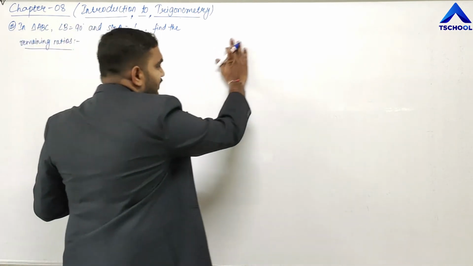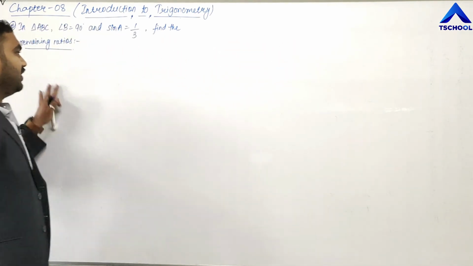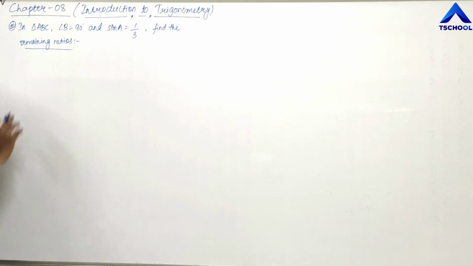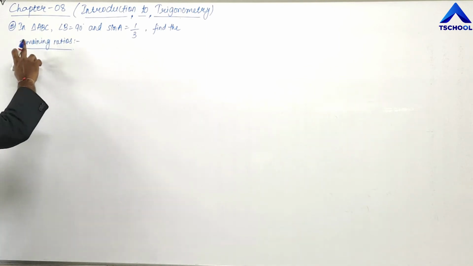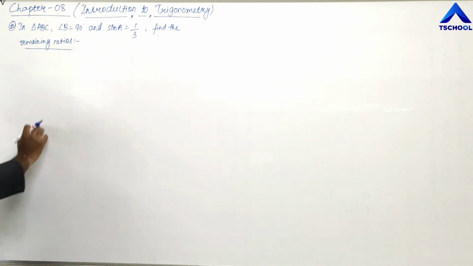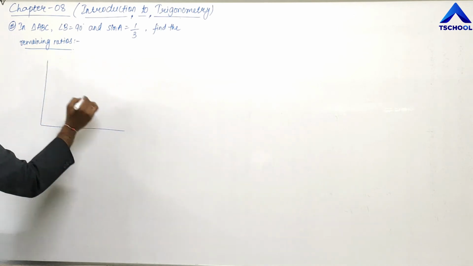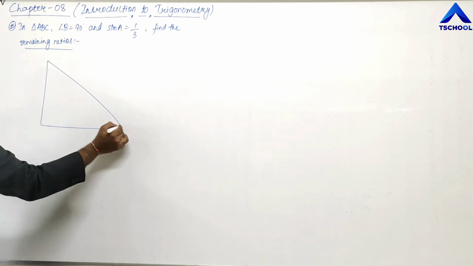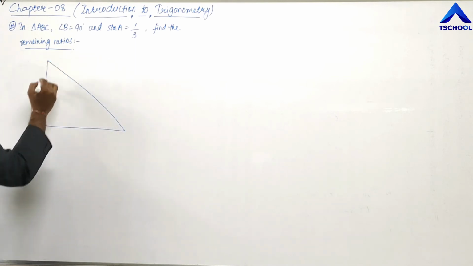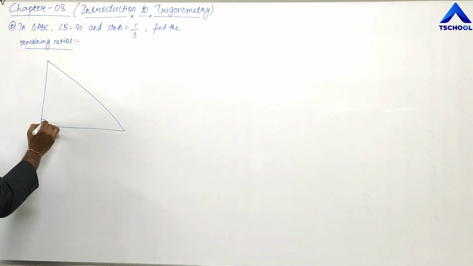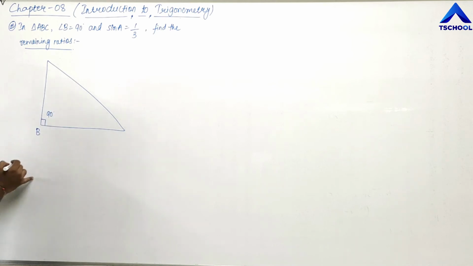So we will first of all see how this figure is obtained. In triangle ABC, angle B is equal to 90 degrees. So first of all, we will draw a triangle ABC with angle B as 90. So this will be B, because this shows me 90 degrees here.